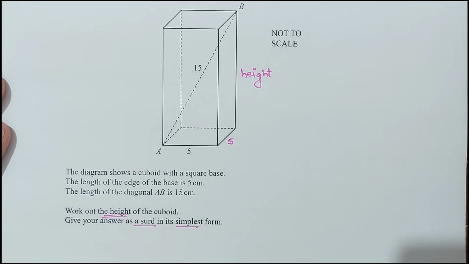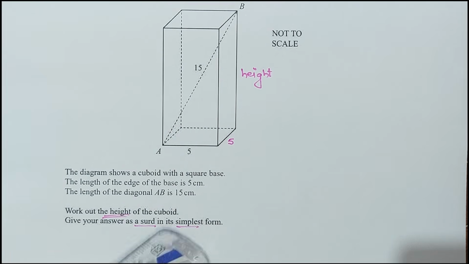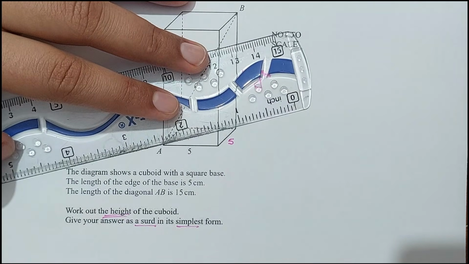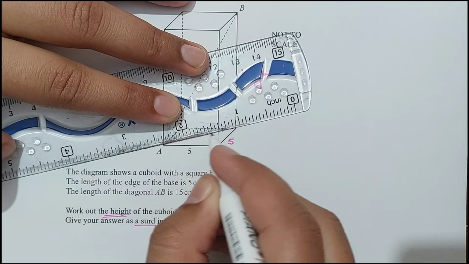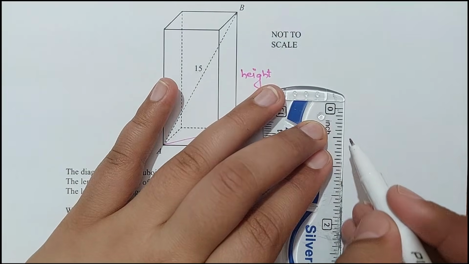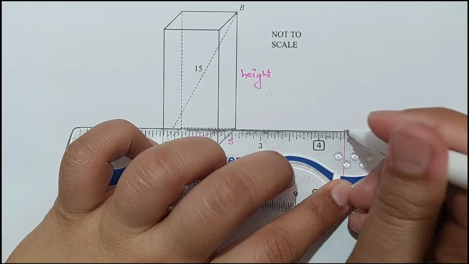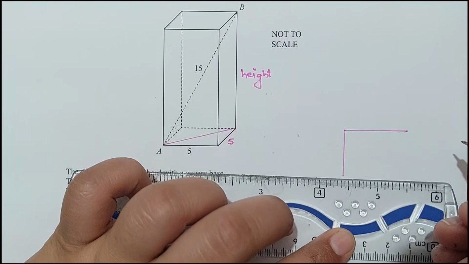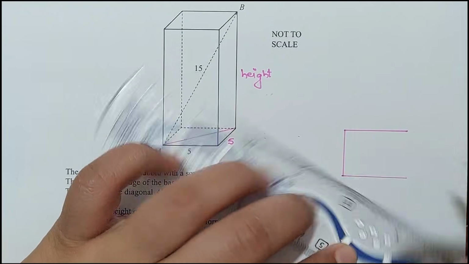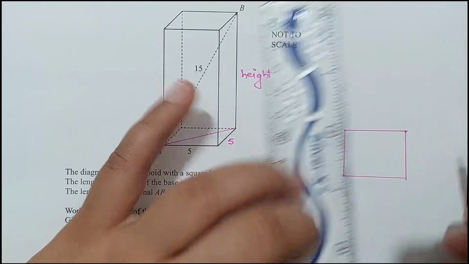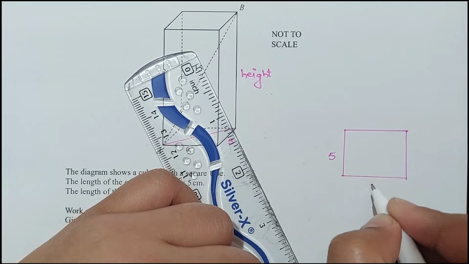So what we have to do, it's a square base. The base is squared. So we can say if we have a square, let's say this is a base which is square, all lengths are 5.